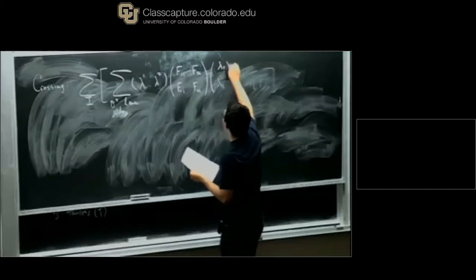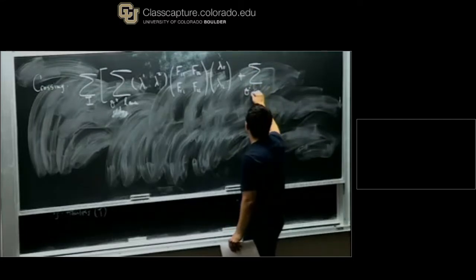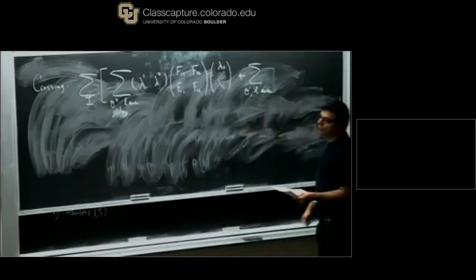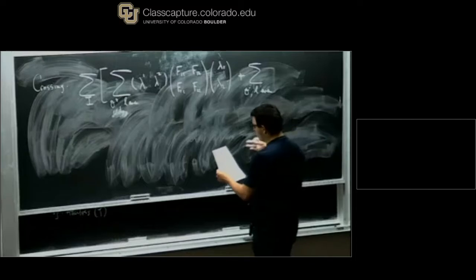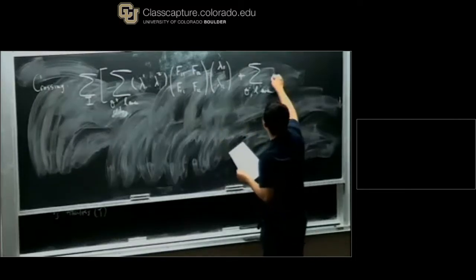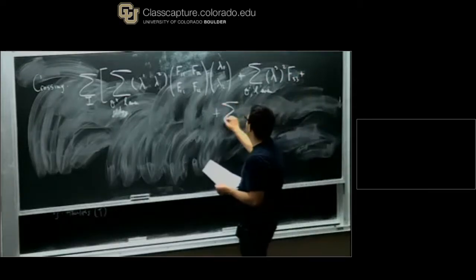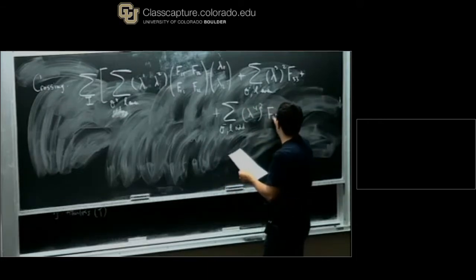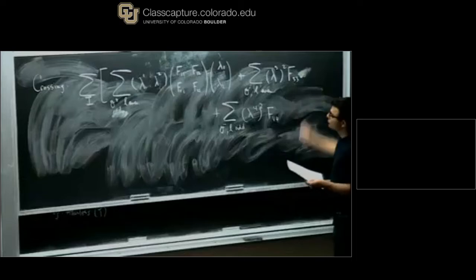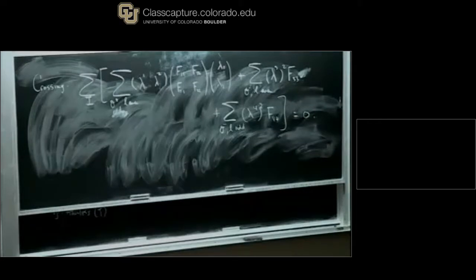Times lambda 1, lambda 2, plus the sum over parity odd operators with even spin. If I were to be more specific about the conventions, you'd see that it's just one of these OPE coefficients that contributes, so it would be just lambda 3 squared times F33 plus the sum over parity odd operators with odd spin, lambda 4 squared F44, equals 0. Anyway, just to give you an idea of how complicated this is.